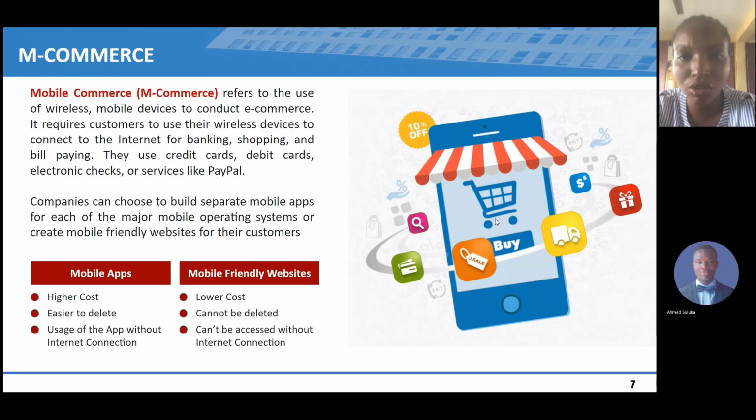Now, in the choice of mobile apps or mobile-friendly websites, companies usually have to decide which one suits their needs, which one their customers will prefer, and which one will benefit them in the long run. Now, my teammate Siddiq will be taking us on web marketing.